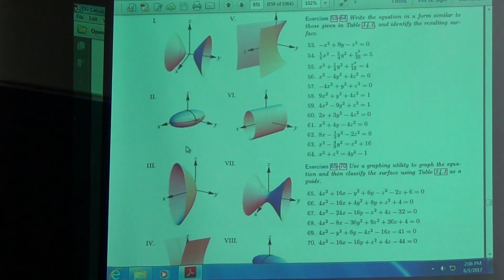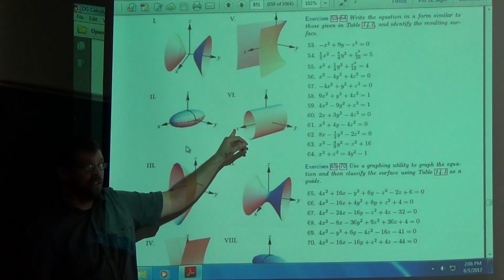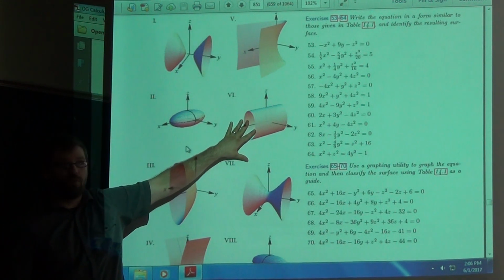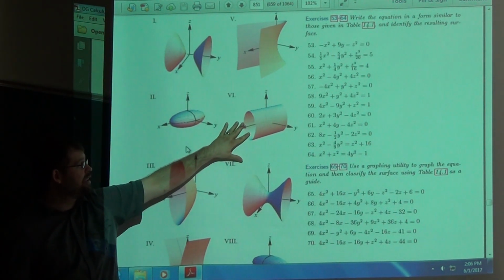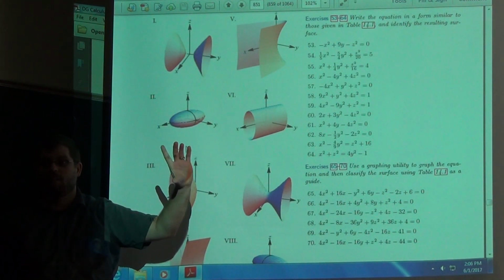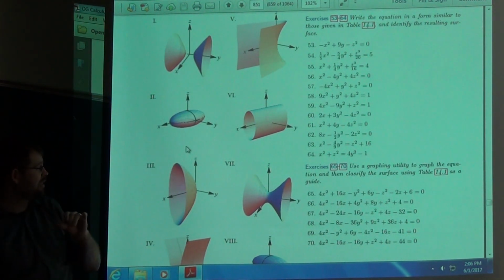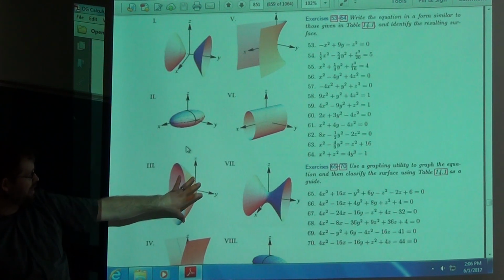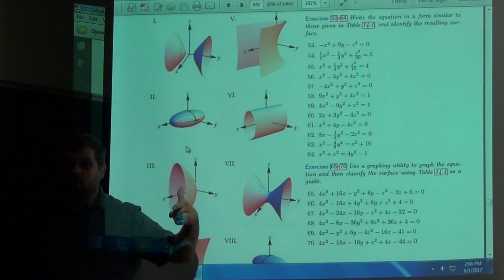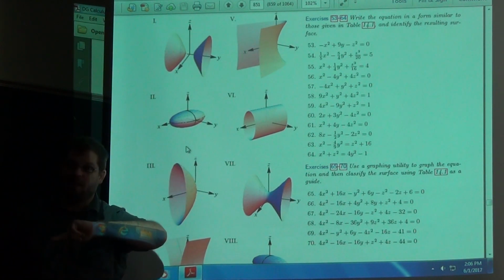And so take a few minutes, look at these things, right? Think about the things we've just seen, right? This is a cylinder, right? And it's dragged along the x-axis. So the equation that this comes from shouldn't have an x in it, right? It'll just be a function of y and z, and then that's why it gets dragged down the x-axis. This one looks like a paraboloid opening in the x direction, so you should think x is probably a parabola in the y and in the z, right?